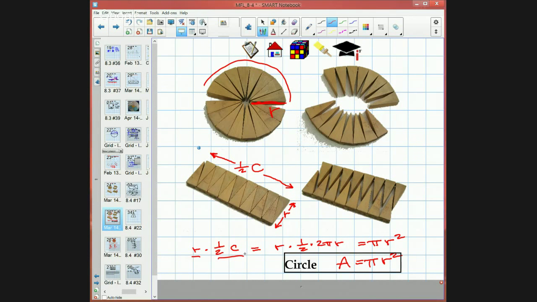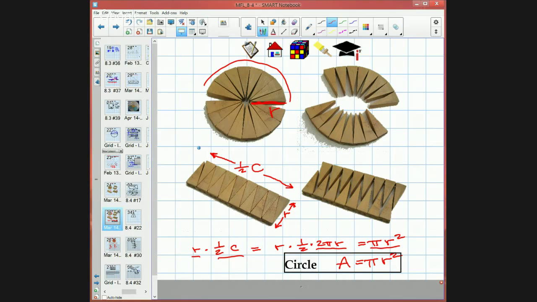Well, what's another name for half a circumference? One way to write the circumference is 2 pi r, or pi d. I use 2 pi r, and I had to multiply it by a half because we only have half a circumference. And what happens? The 2's cancel.